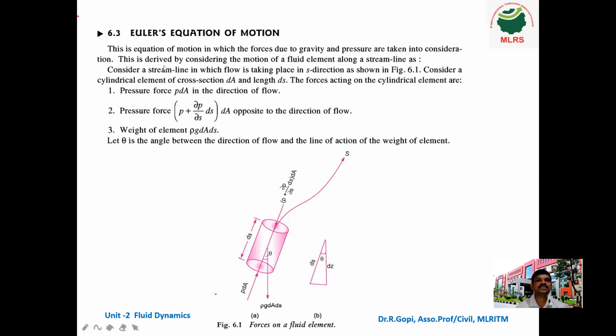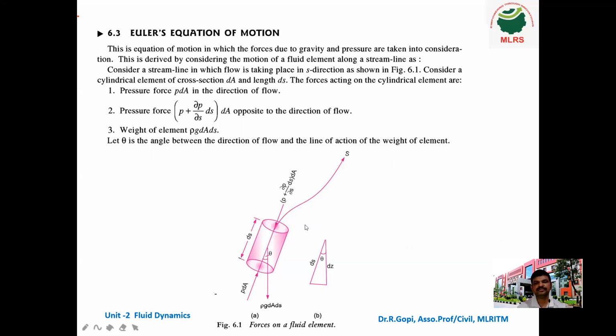This is derived by considering the motion of a fluid element along a streamline. Consider figure 6.1. You can see here this line, S, is the streamline.